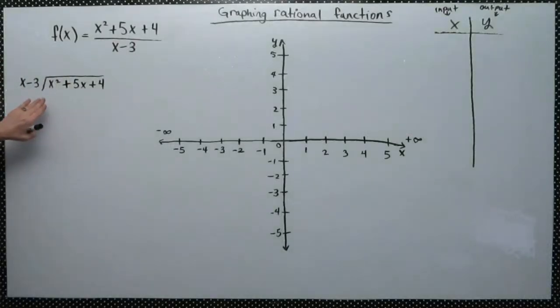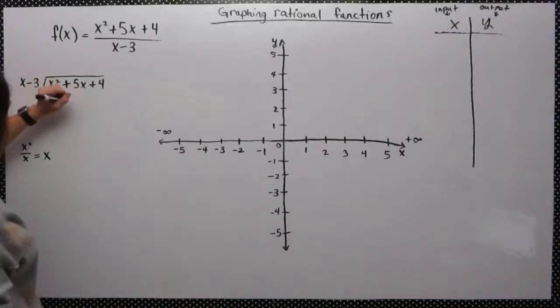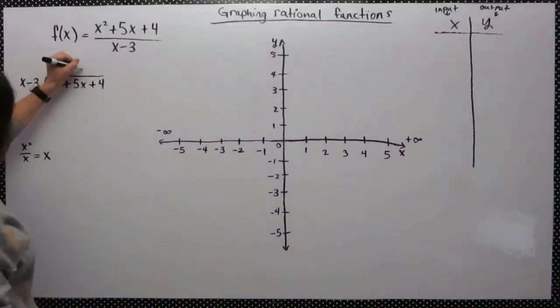So the method of division is I'm going to take my variable and divide it by this first term. I have x squared divided by x, and that's going to give me x. So I'm going to put x there as my linear term.